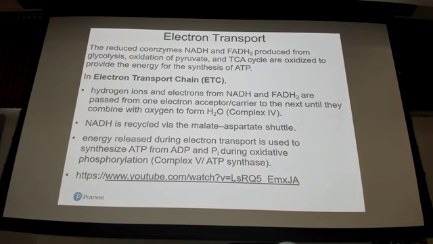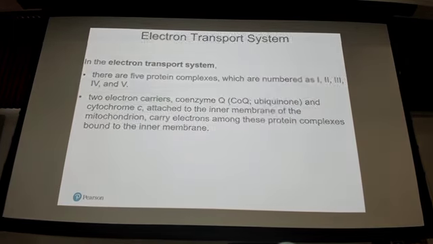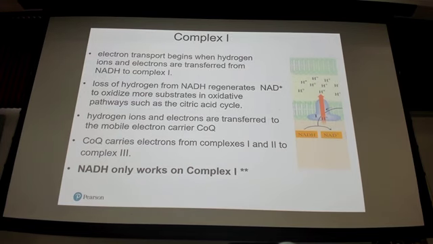And so again, the goal of the electron transport chain is to produce ATP. There are 5 complexes, numbered 1, 2, 3, 4, 5, and there are 2 electron carriers, ubiquinone, also called CoQ, and cytochrome C. These electron carriers will transport electrons from the complexes to its final acceptor, which is the oxygen associated with complex 4.